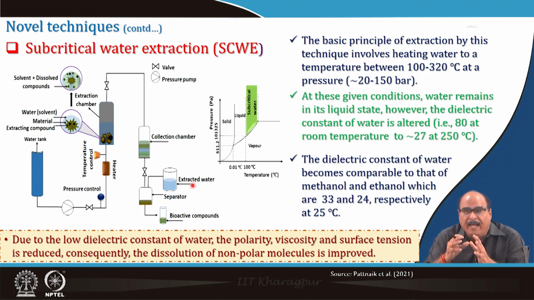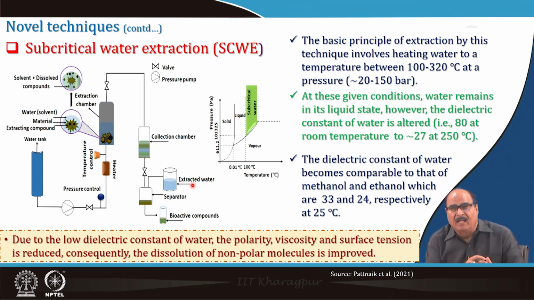However, the dielectric constant of water is altered, that is, it is 80 at room temperature and around 27 at 250 degrees Celsius. So, the dielectric constant of water becomes comparable to that of methanol and ethanol, which are 33 and 24 respectively at 25 degrees Celsius.